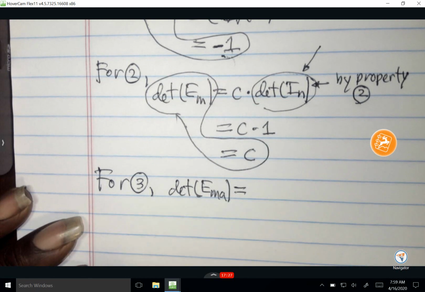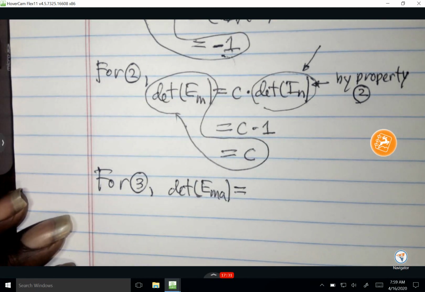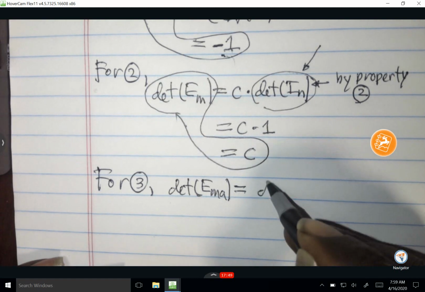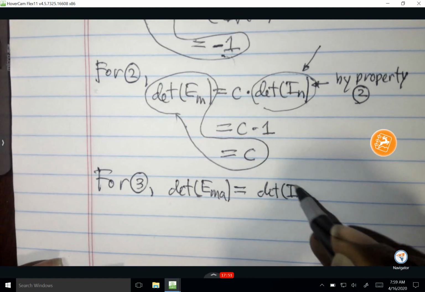What can we say that's equal to and why? Okay, if you remember multiply and add on the previous page we just talked about, it's obtained by multiplying a row of IN by a number, adding it to another row, and using it for that row. By property 7, its determinant is the same as the determinant of the matrix you made it from, IN. So that's equal to the determinant of IN.